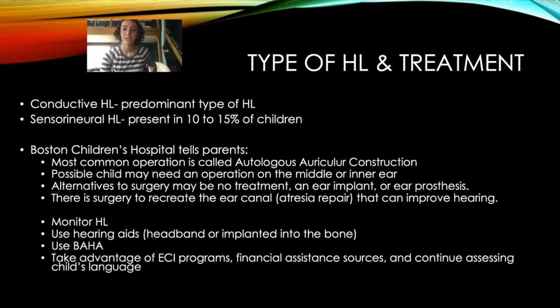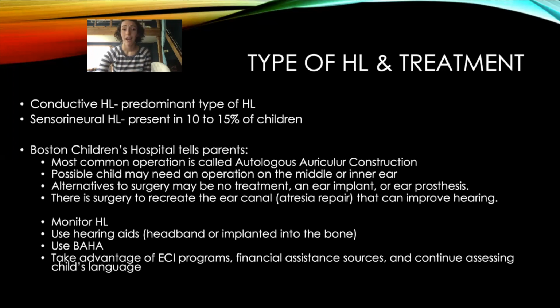This is called first stage autologous reconstruction. And then the second procedure, they will refine and reposition the new earlobe. And that's called second stage autologous reconstruction. Then the third procedure, they will lift the new ear for better alignment and perform touch-ups as needed. And that's third stage autologous reconstruction.